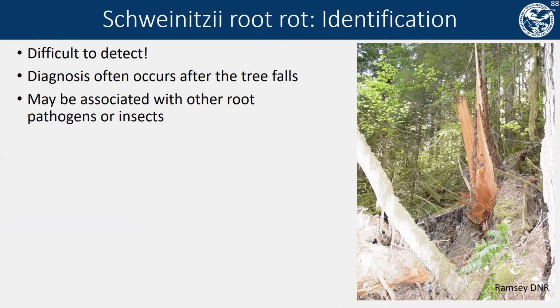Additionally, making this identification difficult is that there are other root pathogens or insects that may be involved or attracted to these stressed out trees. And this can mask the Schweinitzii, because it certainly is easier to find such things as armillaria root rot that we talked about, or say Douglas fir beetle infecting some of these trees before we even consider Schweinitzii. So just to make life more interesting.